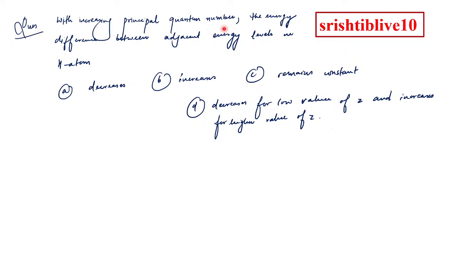Come on everyone, just shoot up your answers very quickly. Very easy concept. What will happen if the quantum number is increasing, n value is increasing? What's going to happen in the delta E value?